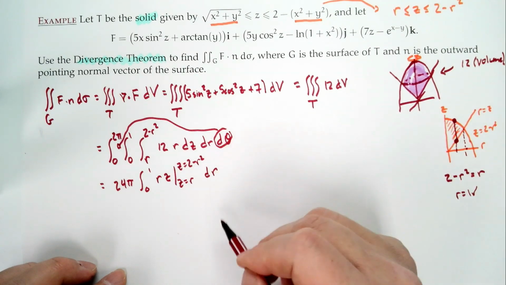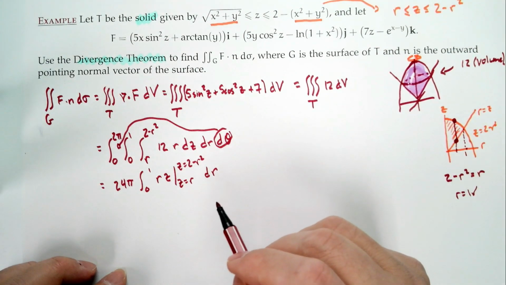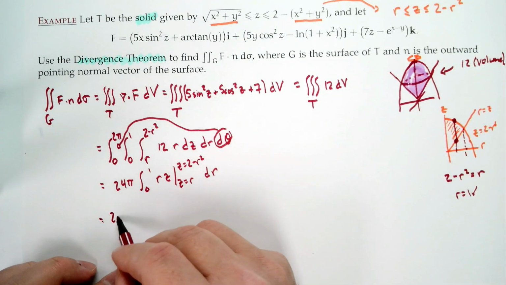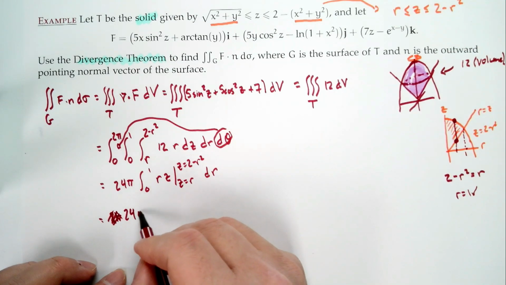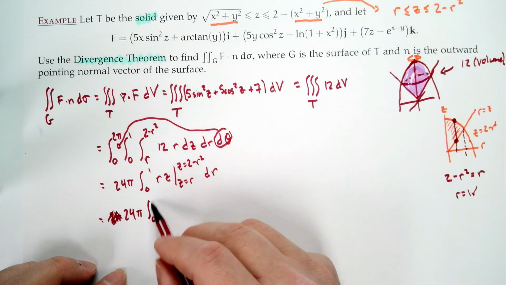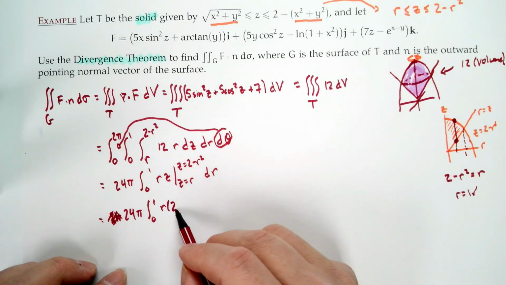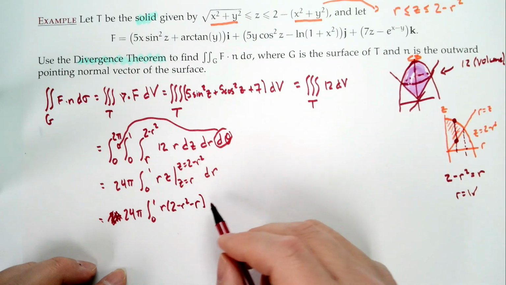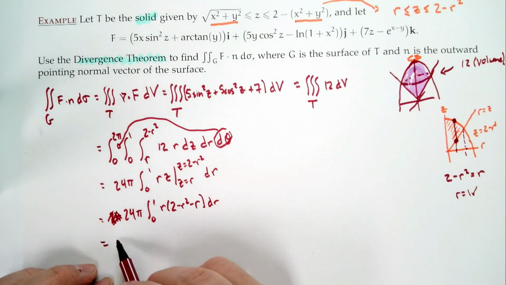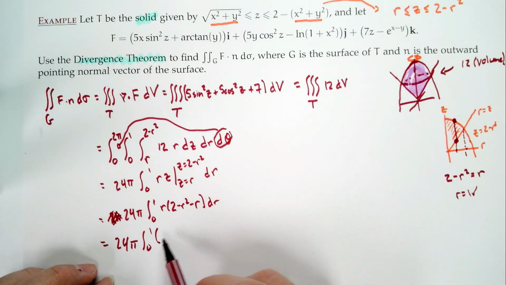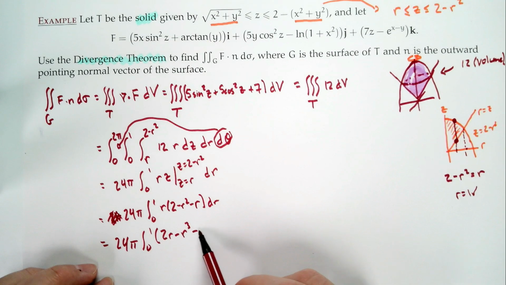We'll do this dr. So that gets us 24π, integral 0 to 1, of r times (2 minus r squared minus r) dr. So that is 24π, integral 0 to 1, of 2r minus r cubed minus r squared.